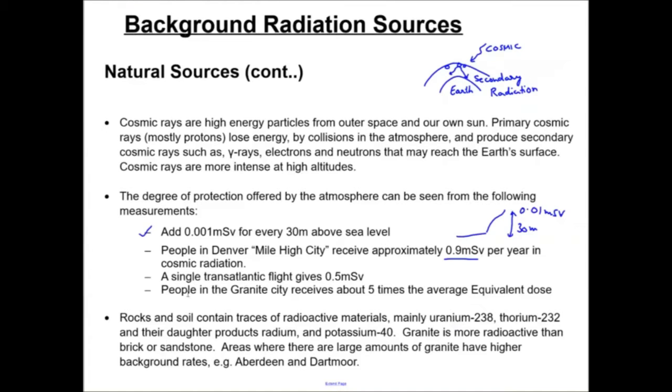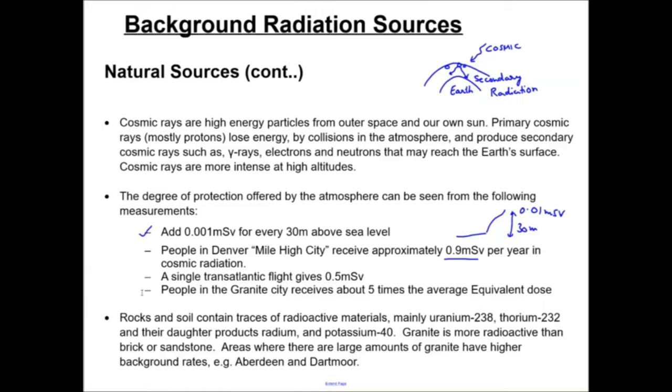And even when we are taking a transatlantic flight, we would generally be exposed to 0.5 millisieverts of radiation, absorbed because of this background radiation, right? So basically, the moral of the story is that as and when we climb to a higher altitude, we are exposed to more background radiation.